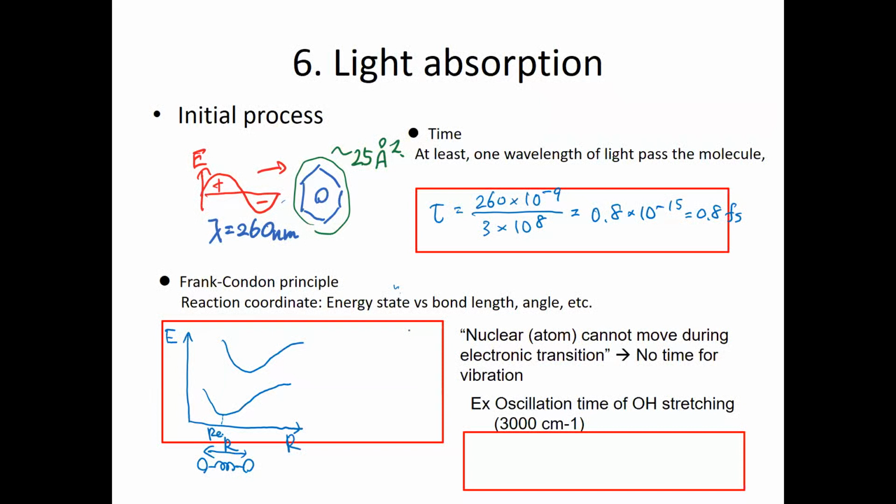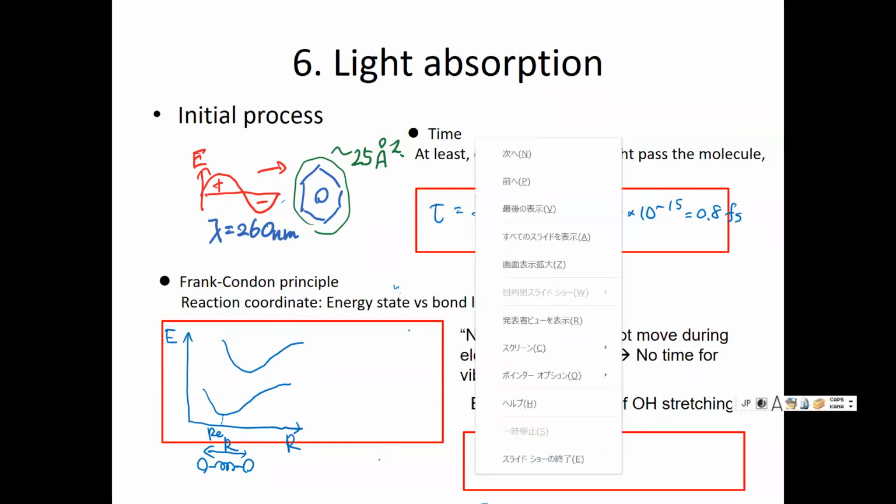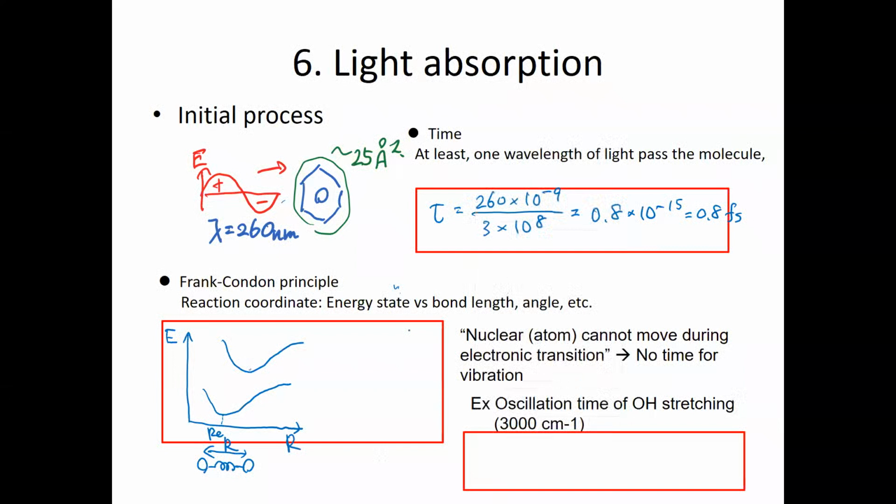And also this distance could be changed. And then this one is the ground state. This one is, for example, the excited state.